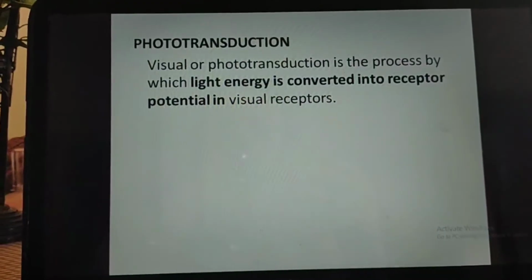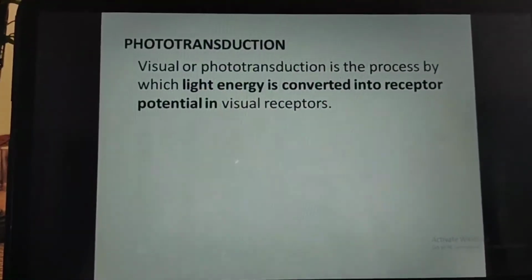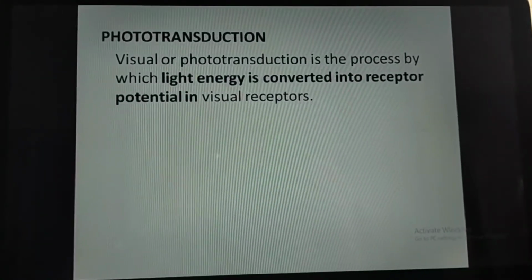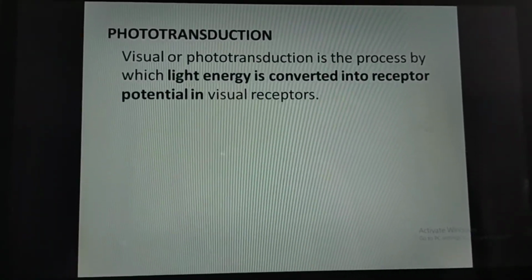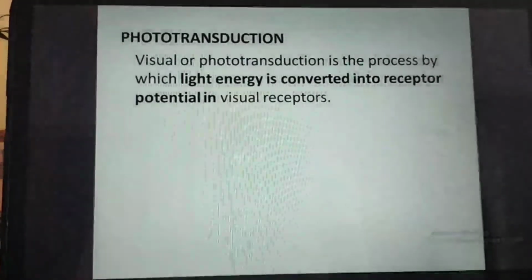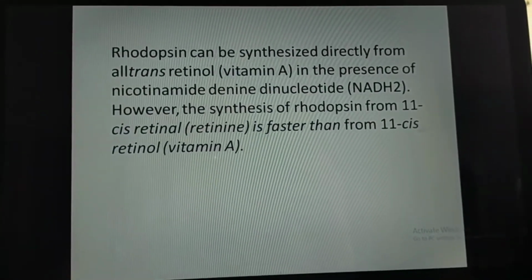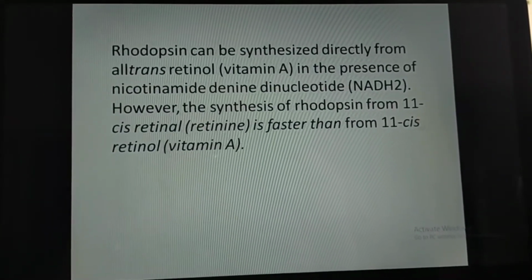And there is a term called phototransduction. Visual phototransduction is the process by which light energy is converted into receptor potential in visual receptors.